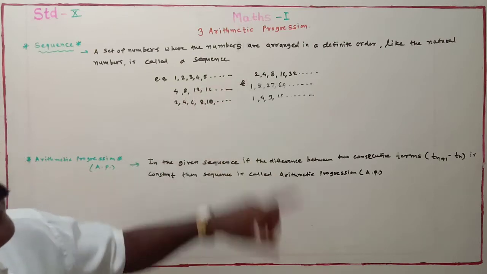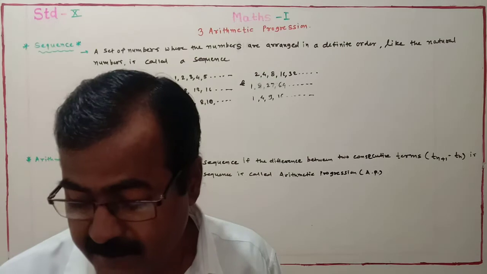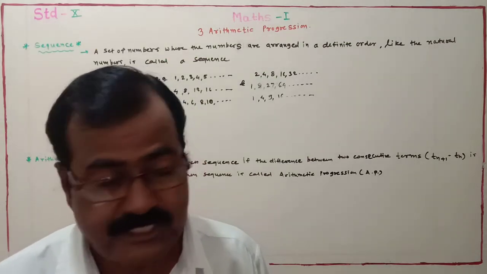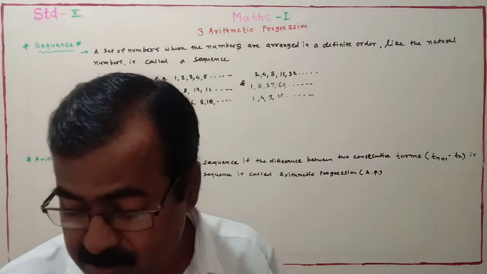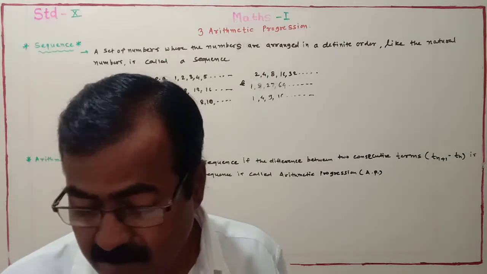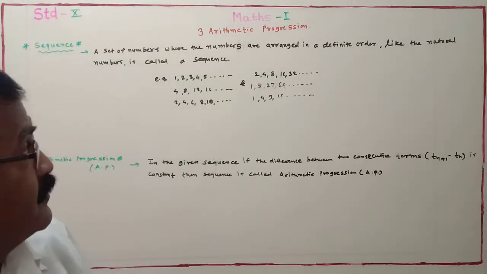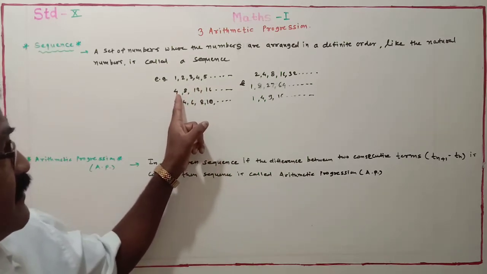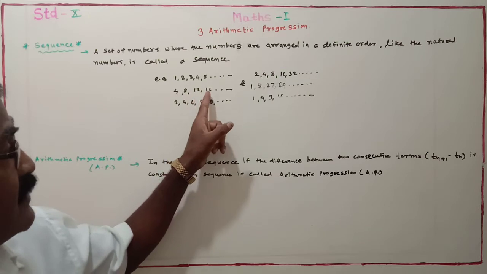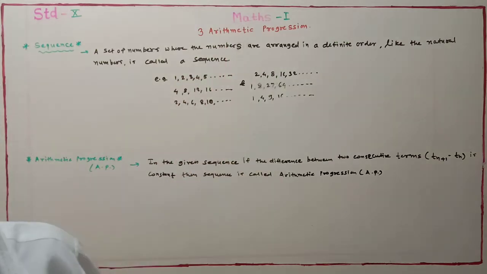If we write the number 25, then we call the position of this number the 25th position. Another sequence is 4, 8, 12, 16, etc.